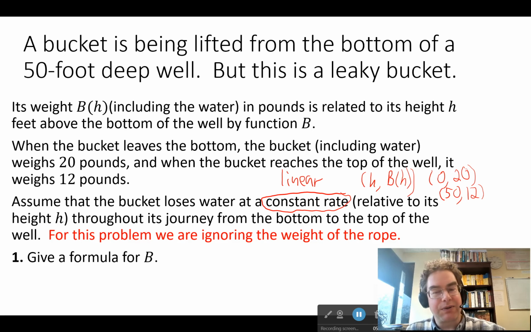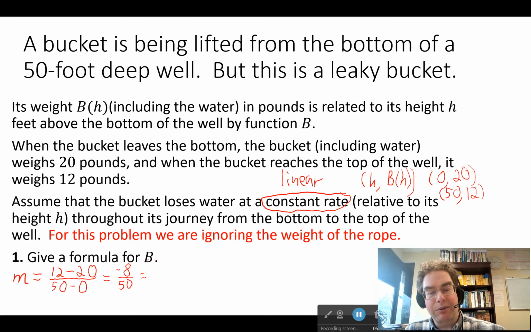It's a two-stage process. First, we need to find the slope. Okay, so for the slope, typically represented by m, we can do rise over run. And our rise here is actually going to be the weights. A little different from the situation itself, but let's subtract our y values up here. 12 minus 20, that'll give us the rise. And then the corresponding run will be 50 minus 0. Okay, so that gives us a slope fractionally of -8 over 50.